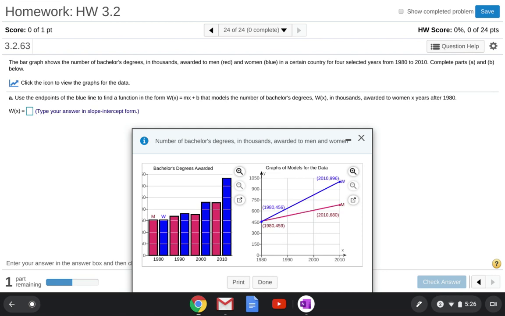It looks like 456. It's the y-intercept because they're starting with 1980, which represents our starting point. So b, the y-intercept, is going to be the y value of the first point, which is 456.